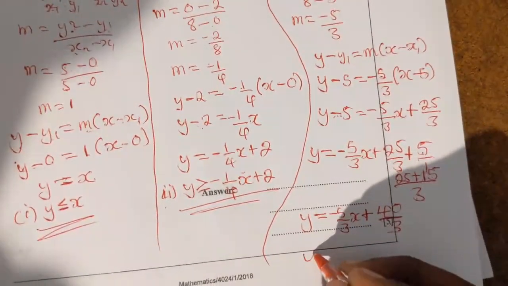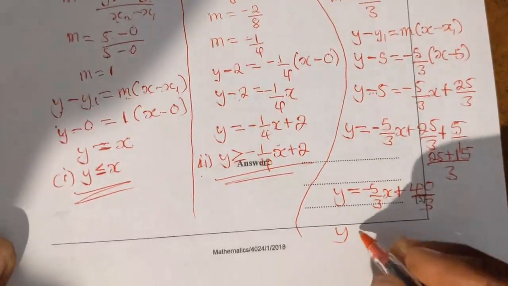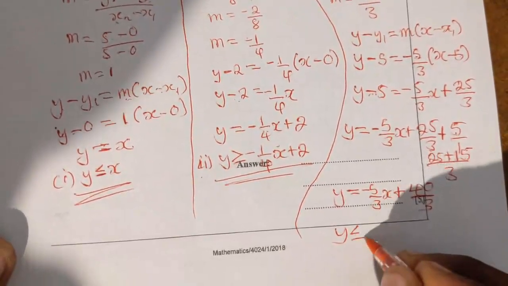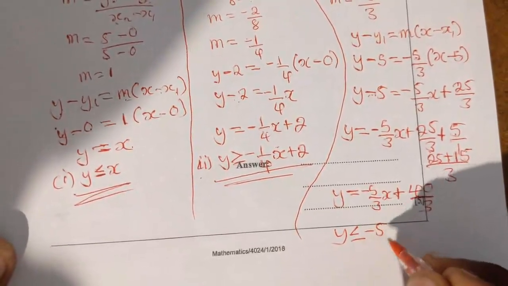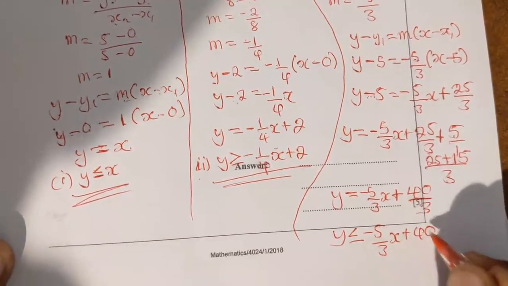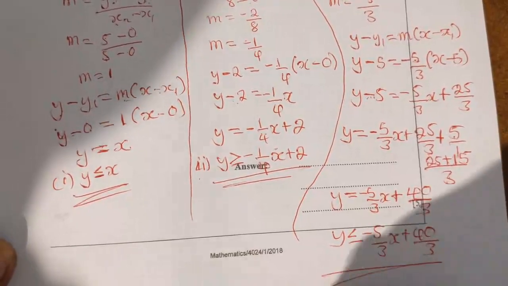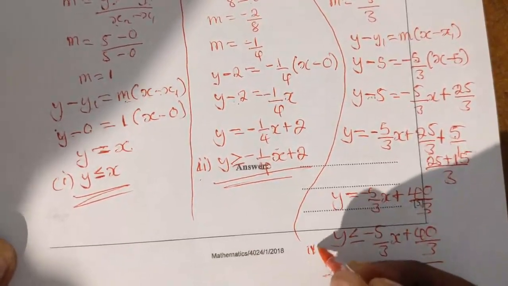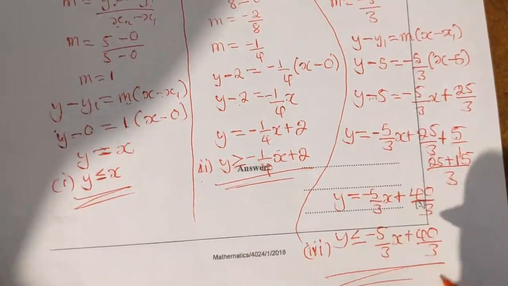So y is going to be less than or equal to negative 5 over 3x plus 40 over 3. That is the inequality number 3. Then you get your 5 marks, as simple as that.